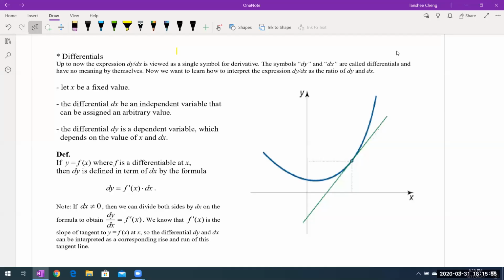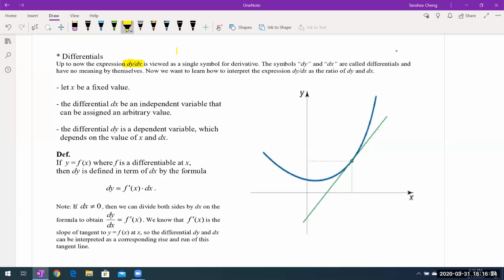So first off, what we want to look at is what the differential means, the definition of it, and how we are going to use it. So up to now, these expressions that we have talked about so far, dy over dx, which is the derivative of a function with respect to x, we look at it as a single symbolic part.